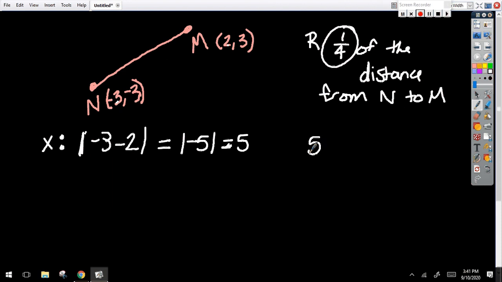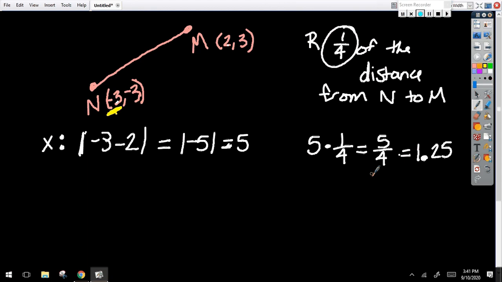Okay, now look at the y. So if you didn't get it on the x coordinate, let me show you with the y and it'll make a little more sense. The process is the same. For y, again, how far is it from the y coordinate to this y coordinate? So -3 to 3 is 6 units, right? This is -6, but then it becomes +6, all right? So from -3 to 3 is 6.